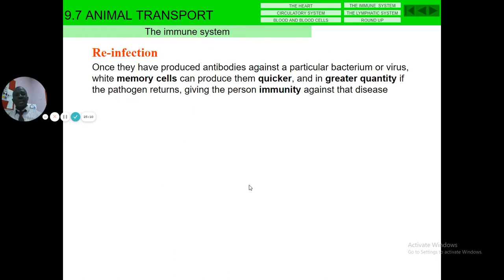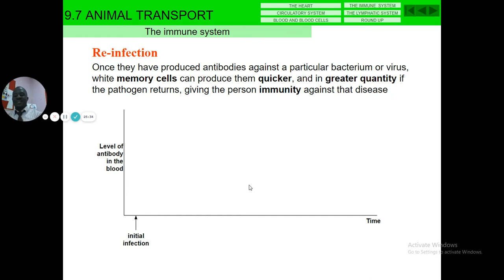Now, what happens when I get the infection? Once they have produced antibodies against a particular bacterium or virus, memory cells can produce them quicker and in greater quantity if the pathogen returns, giving the body personal immunity against diseases. Look at this.